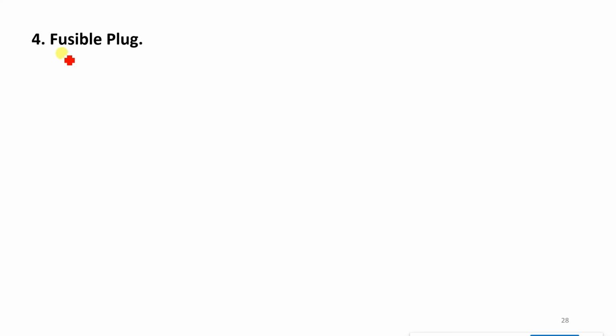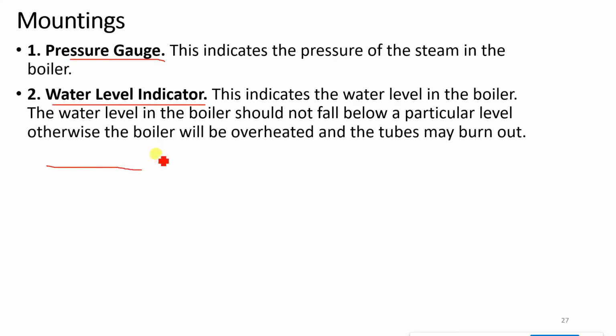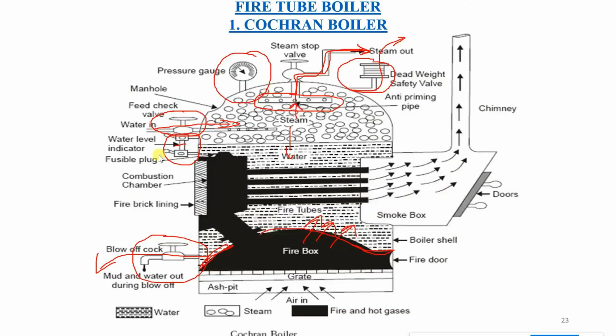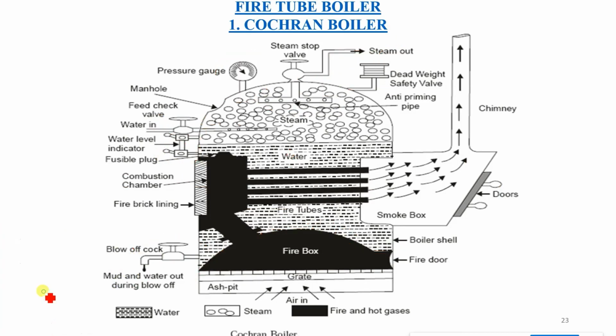Then a fusible plug is also provided in the boiler. This is the fusible plug provided in the firebox, in the combustion chamber. As I explained, the fusible plug is made of gunmetal.